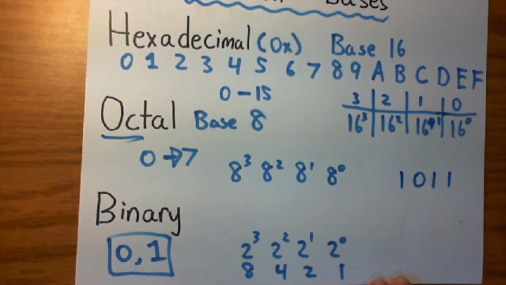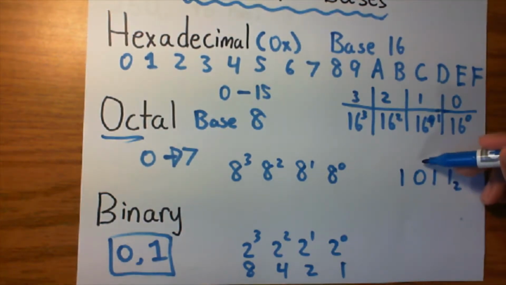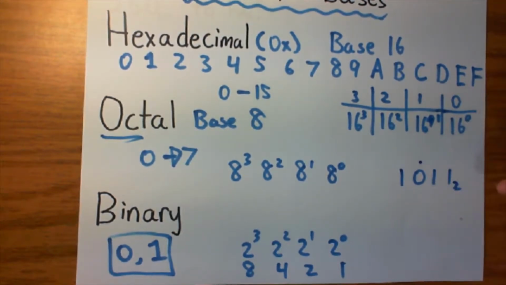This is the binary number, so this is base 2. In order to convert it to octal, we can have values from 0 to 7, right? This is 2 to the second right here, so we know that that's 4. So anything being multiplied here is a 4.